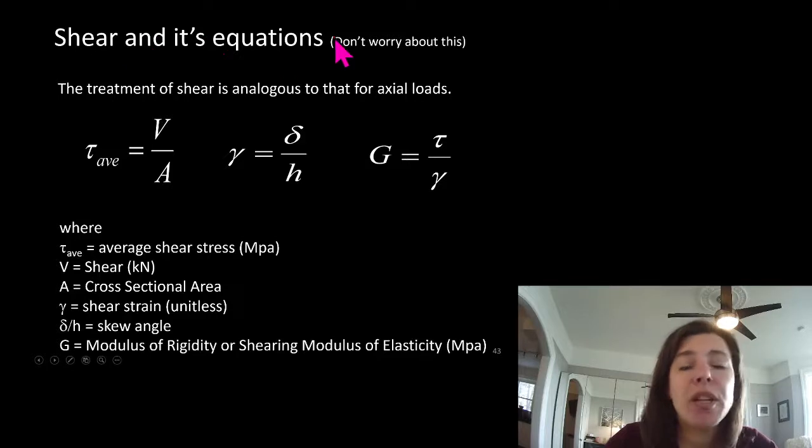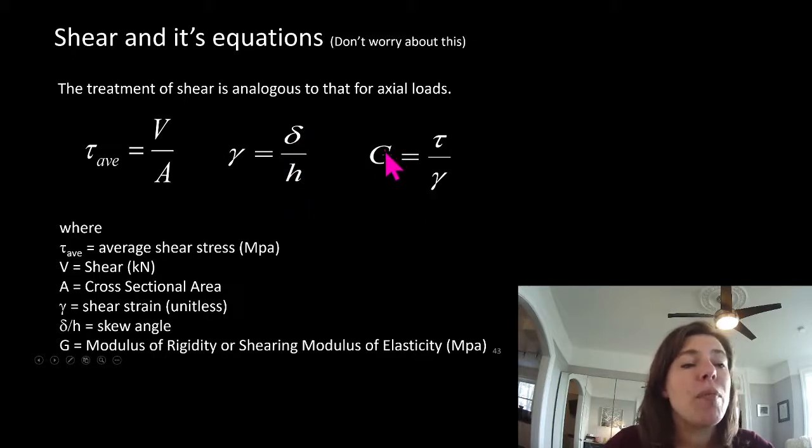So shear and its equations, again, don't worry about these. The treatment of shear is analogous to that for axial loads. Our shear stress is our shear force divided by our area. Our shear strain is basically the change in skew angle.